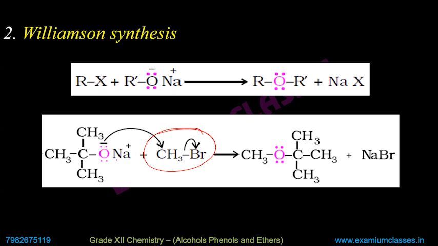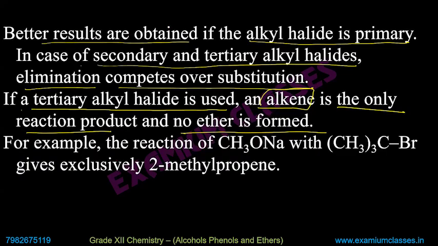In secondary, ethers might be formed. Tertiary ethers will not be formed at all. So for example, in the reaction of primary alkoxide with tertiary bromide, it will give you only alkene, 2-methyl propene, nothing else.